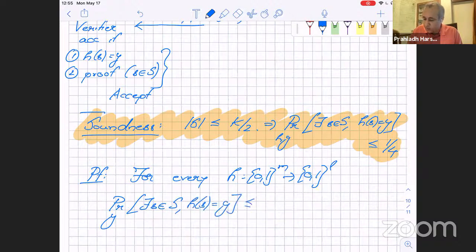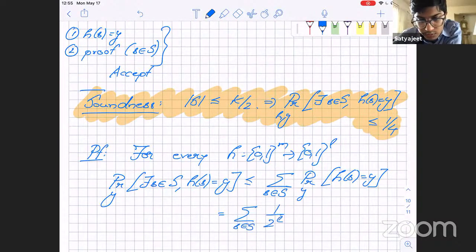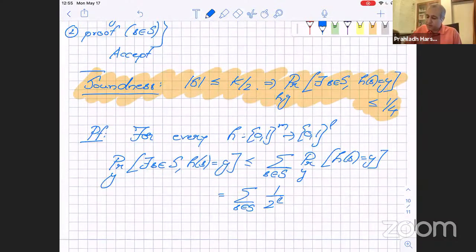This is certainly at most the summation over s in S of the probability that h(s) equals y, by the union bound. But this one we saw, this is exactly 1 over 2^L. So this is less than or equal to (k/2) over 2^L.